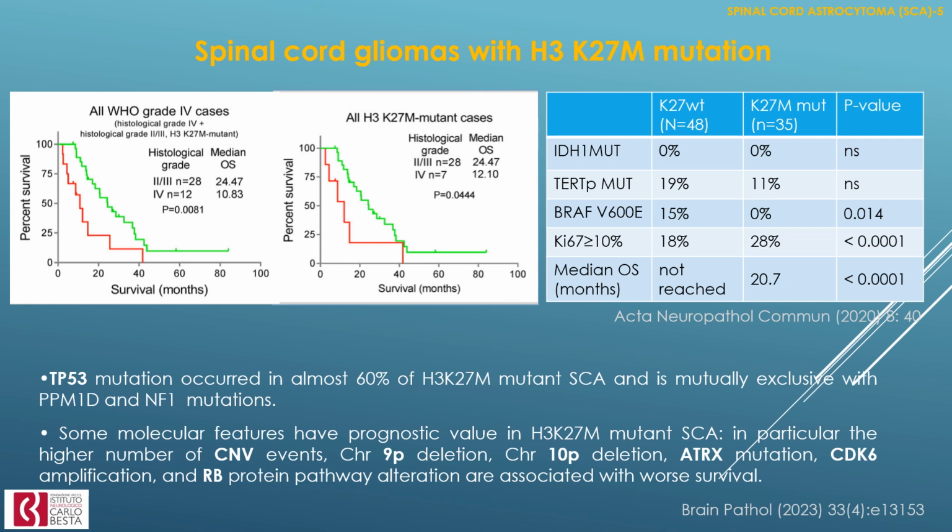Among H3K27 mutant astrocytoma, all are IDH1 wild type and BRAF wild type. TERT promoter mutation was observed in both H3K27 mutant and wild type astrocytoma.